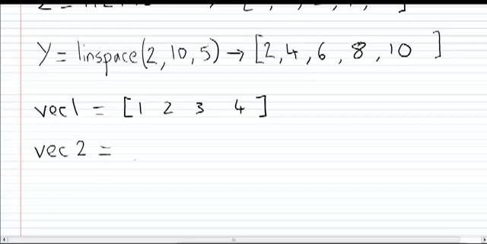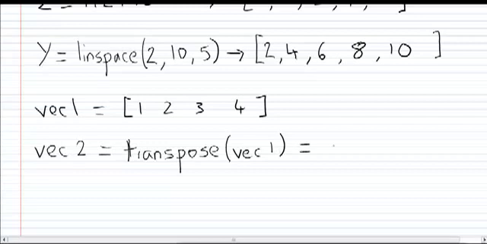We could explicitly write out the transpose function, so we could write transpose of vec1 in brackets, or there's a shorthand version where we could just simply write vec1 and then a little apostrophe.